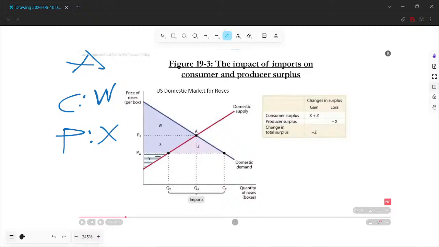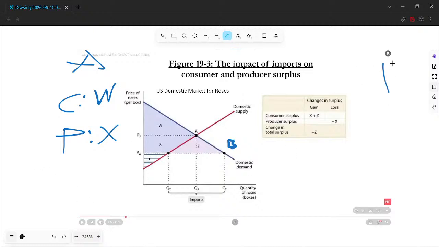And now at point B, this is all the consumer surplus.